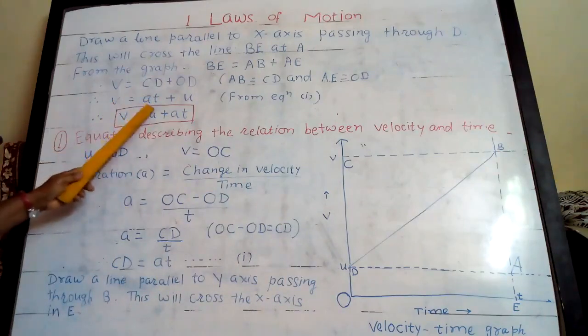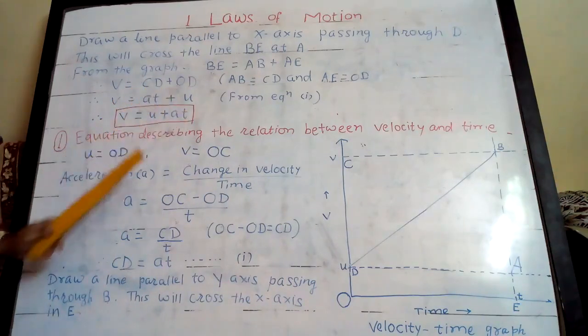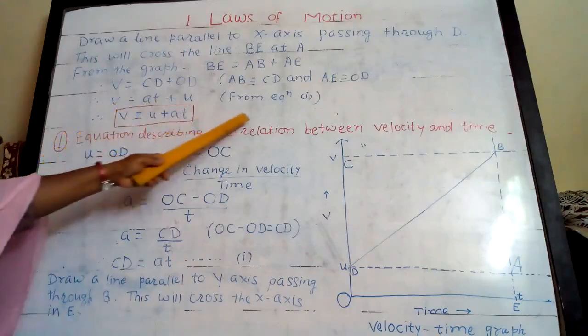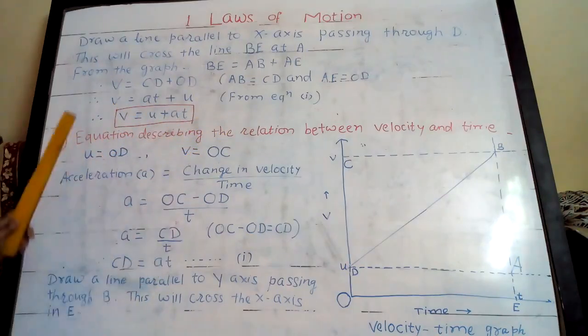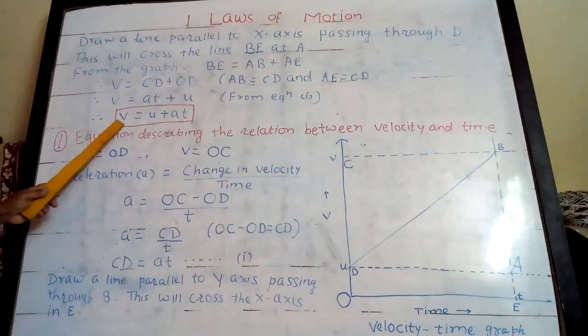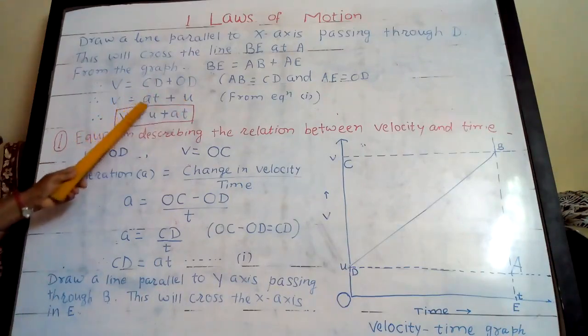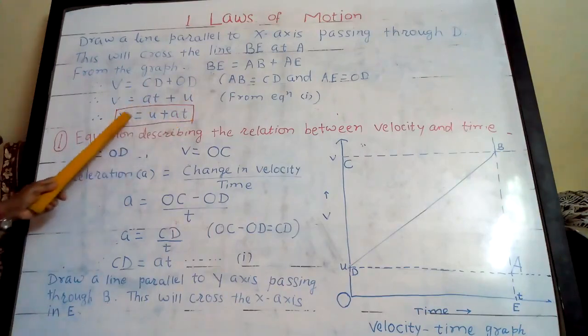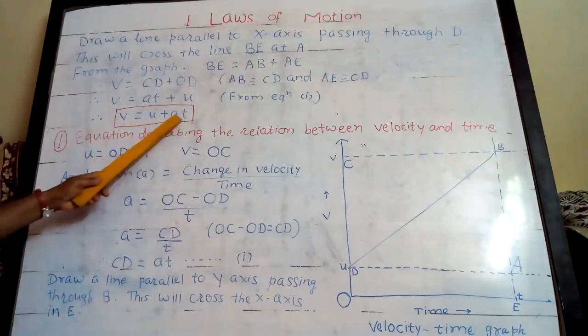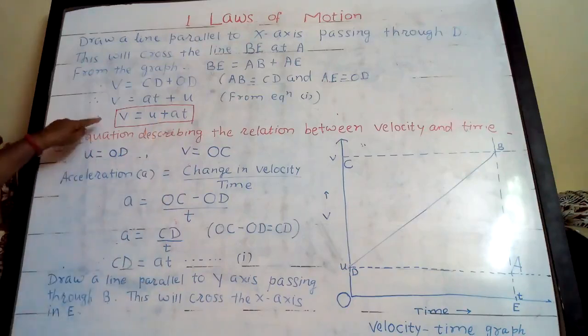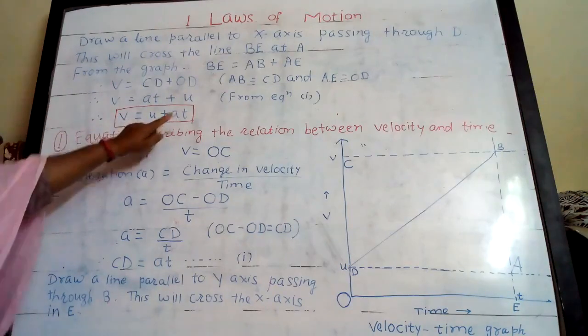So the final velocity v is equal to u plus at, by rearranging. This is the first equation of motion, and it describes velocity and time.